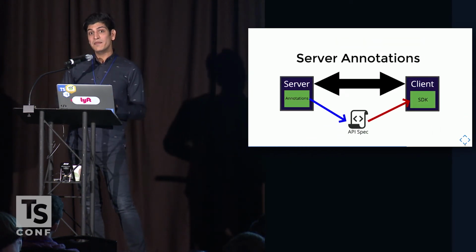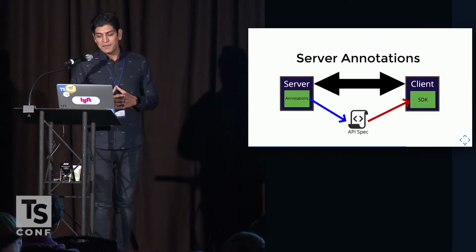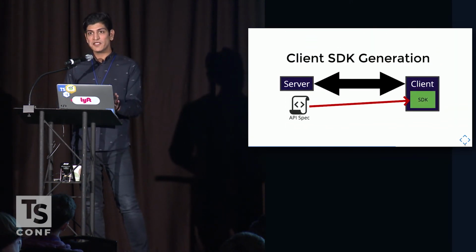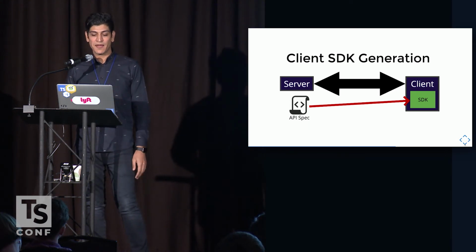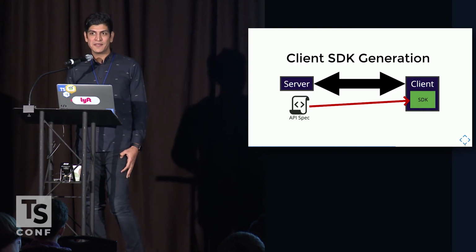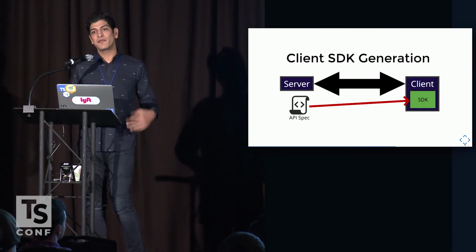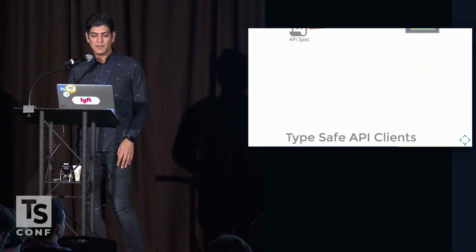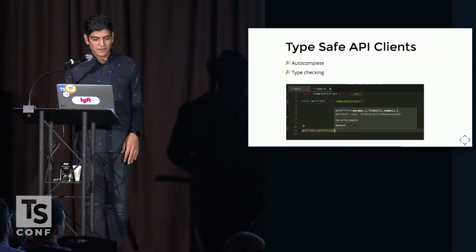It can get even more interesting because the API spec so far, if I go to the previous slides, is handwritten. Some guy in the backend is writing this API spec. But anything that is handwritten, especially with types, is usually prone to errors. People forget to update them. People don't make the best API descriptions.